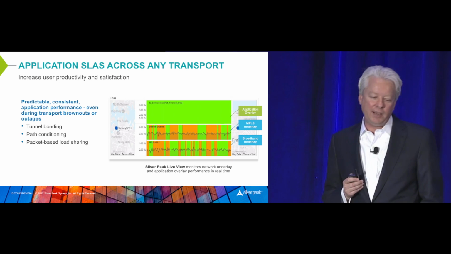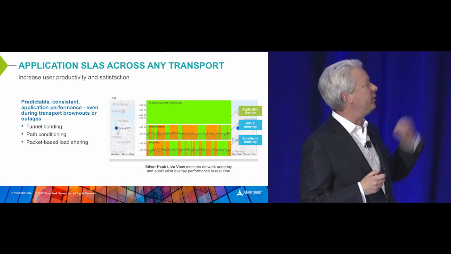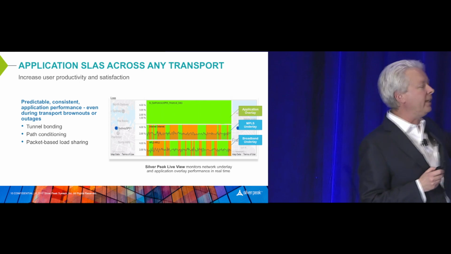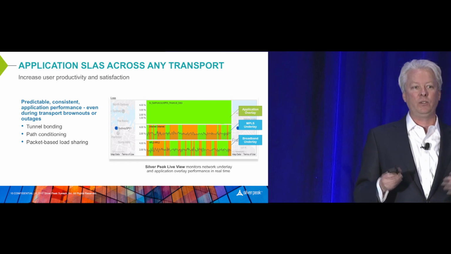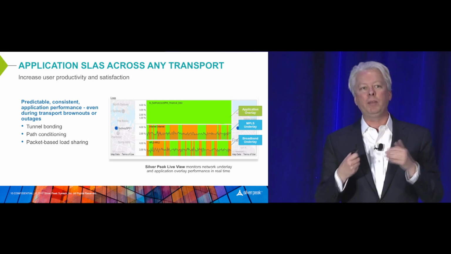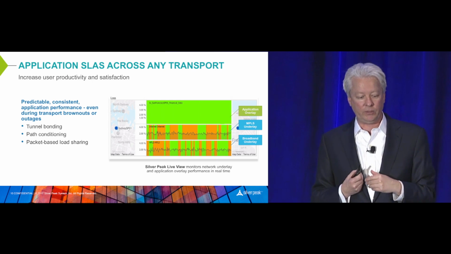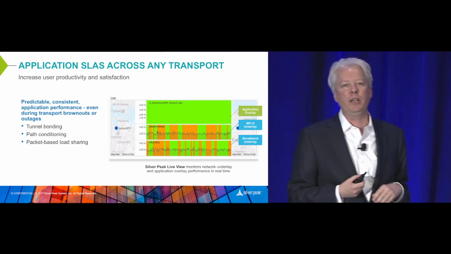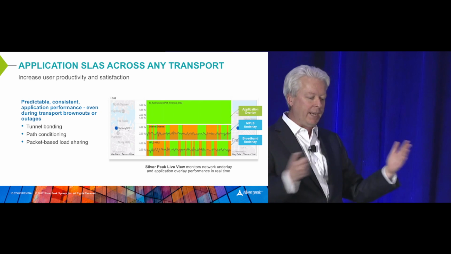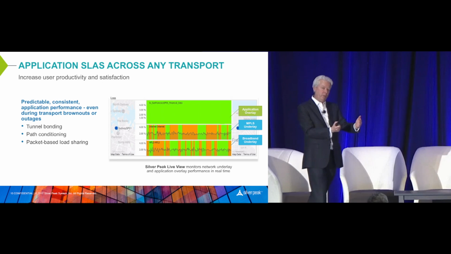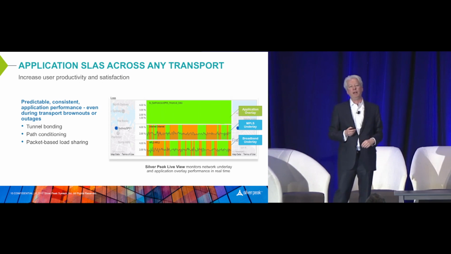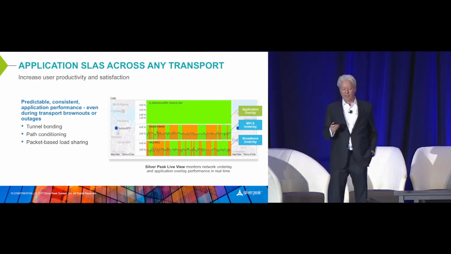So from a graphical point of view, over on the right, you can see two underlay links, an MPLS link and an internet link. The orange indicates when those links by themselves wouldn't be meeting the application's quality of service. At the top, you can see what's delivered on the overlay, which is, by combining the two links and using forward error correction, we could deliver green perfect service to that particular app.